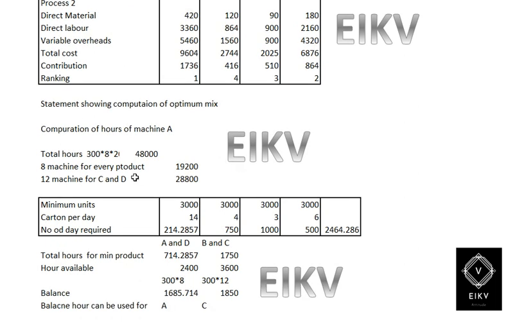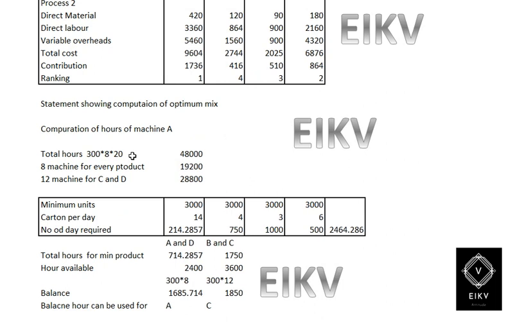Computation of hours of production. So guys, we have total hours, that is 300 days into 8 hours into 20 machines, which gives the total hours of the company as 48,000. Out of that, 8 machines are all-purpose machines.